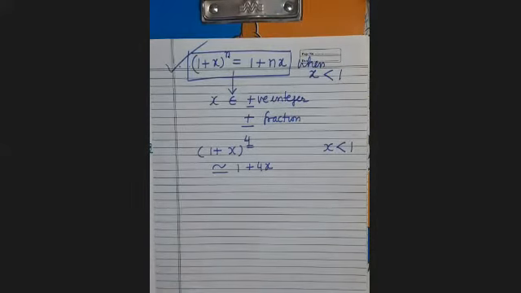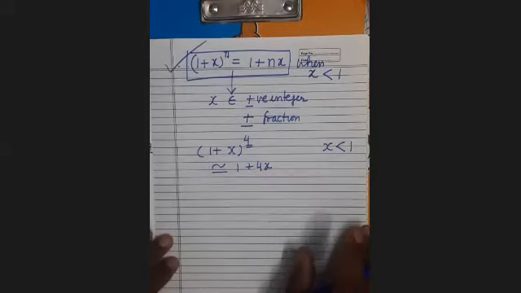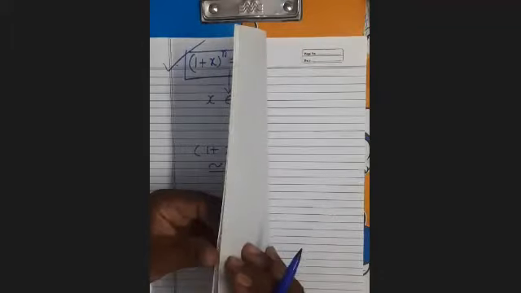Approximately its value will be 1 + 4x. Is this thing clear or not? Now see here. After this, we will see the function trigonometry. First you see in trigonometry.